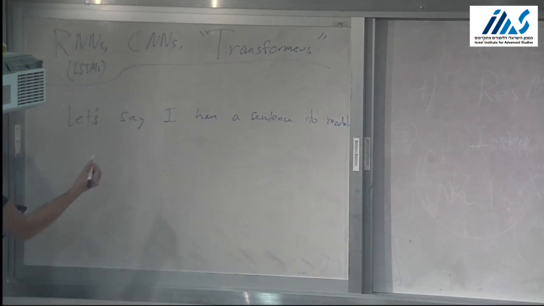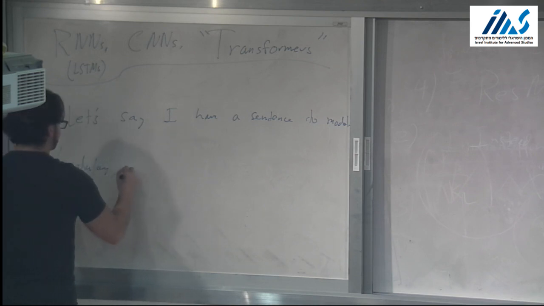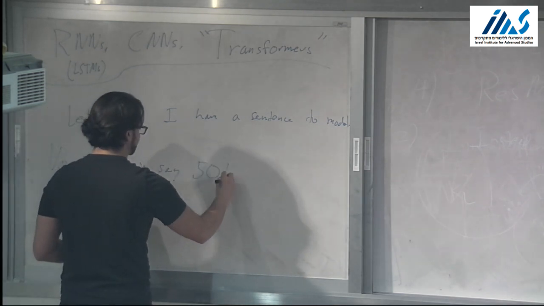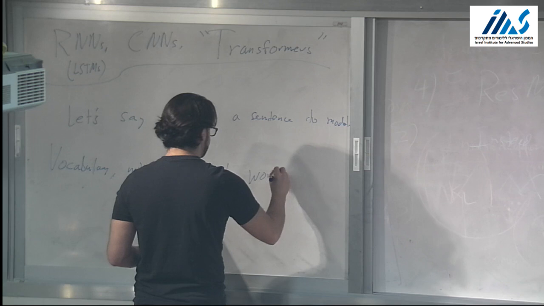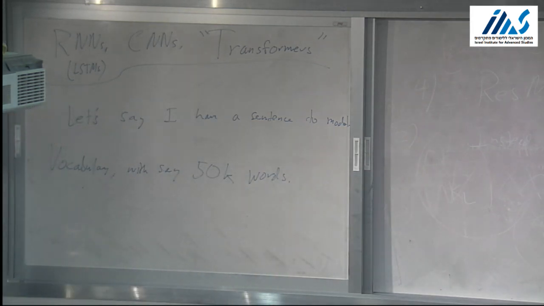The typical approach to this is to have some vocabulary with, say, just to make up a number, 50,000 words, and then represent each of these 50,000 words as a basis vector.